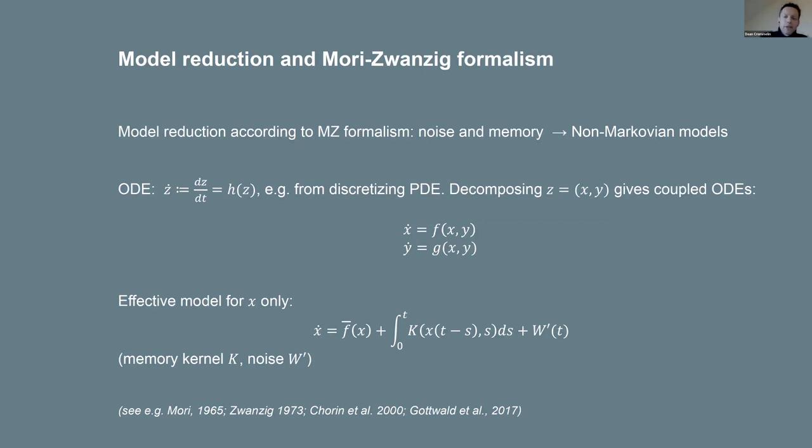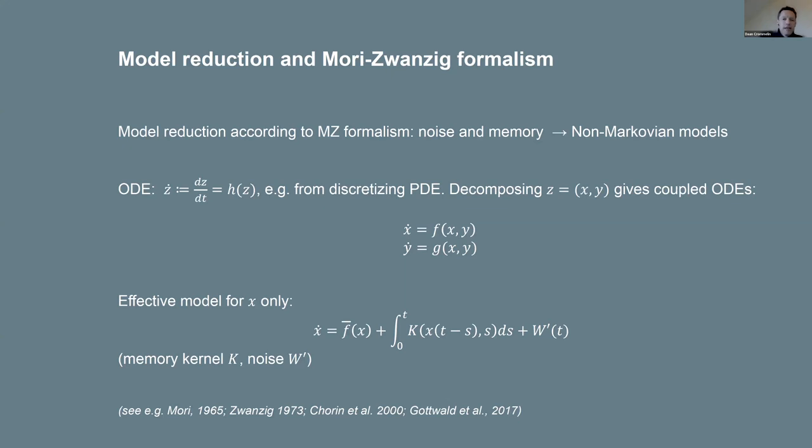I'm doing this now in the context of ordinary differential equations. Let's assume that we have coupled ODEs for two sets of degrees of freedom, X and Y. If we're mostly interested in X and not so much in Y, then we can, at least formally, write this effective model that I show here for X itself.